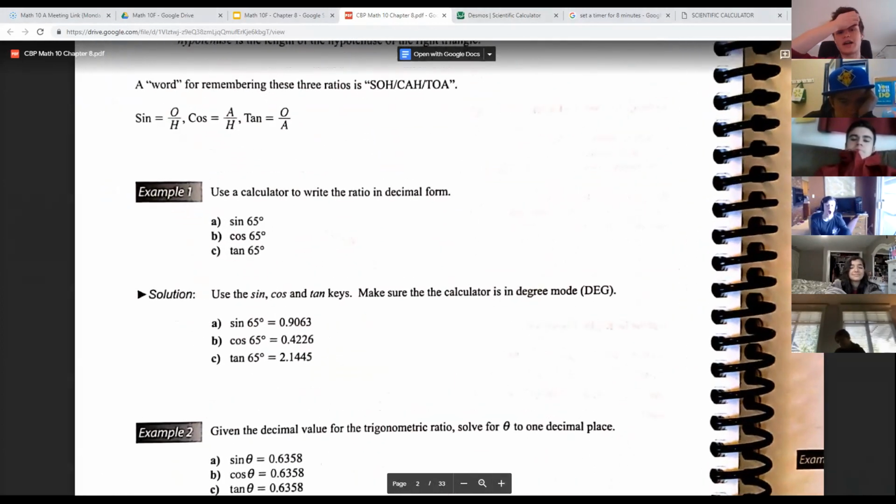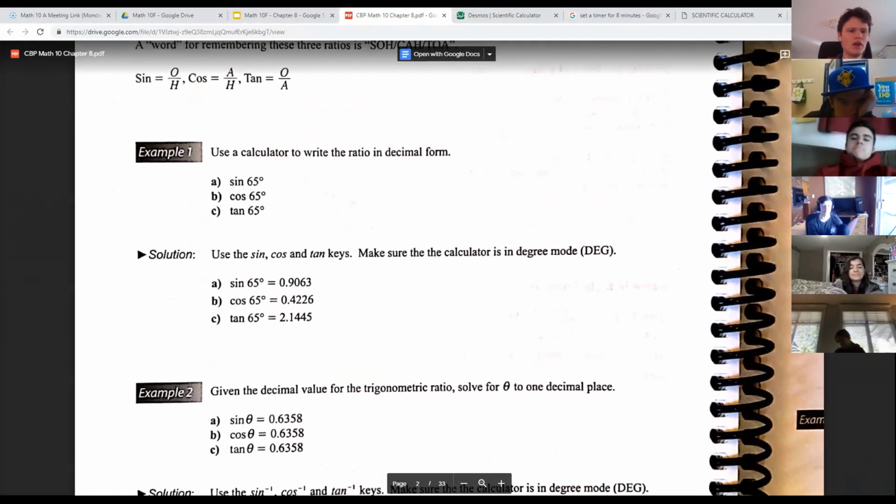All right, we're going to look at a couple of examples. Example 1, very straightforward, just asking, use a calculator to write the ratio in decimal form. So it's just asking us to practice using our calculator. So we see our answer there, but let's try it. You're going to put into your calculator sine 65.